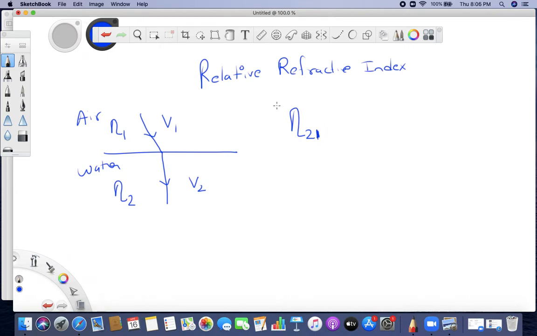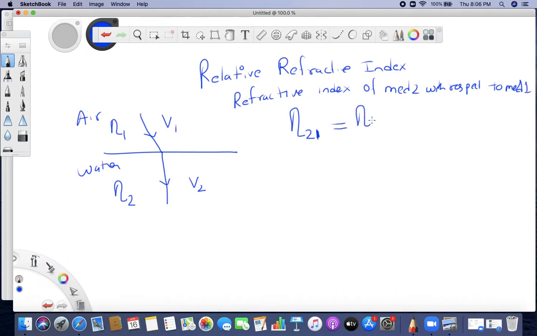And how do you pronounce it? Refractive index of medium 2 with respect to medium 1.